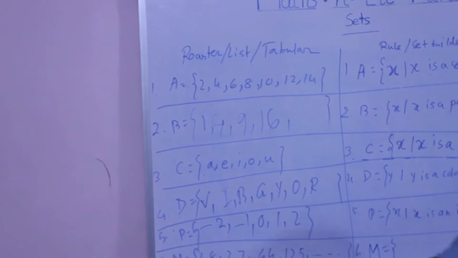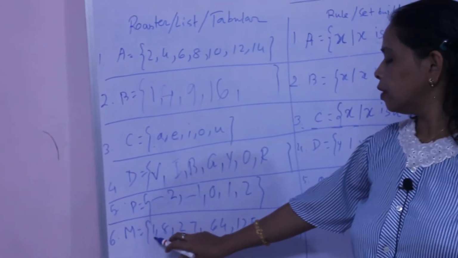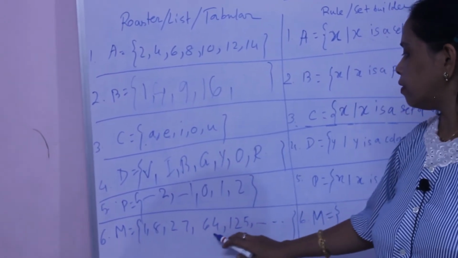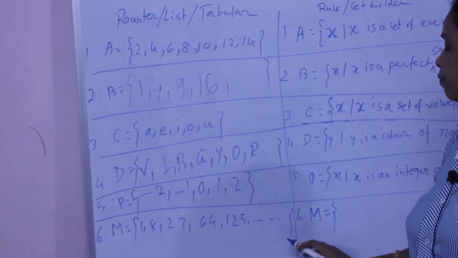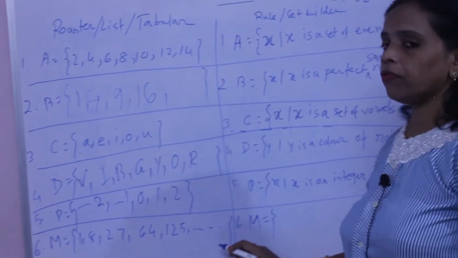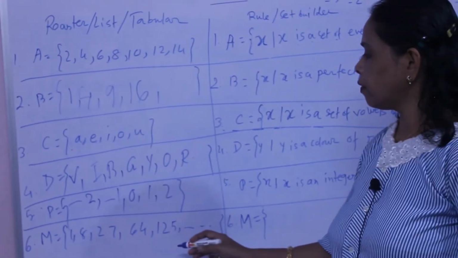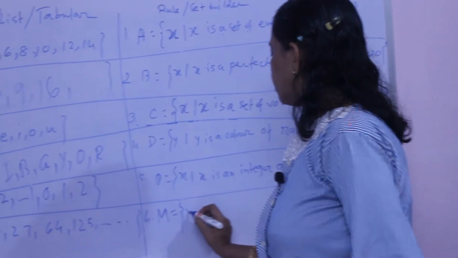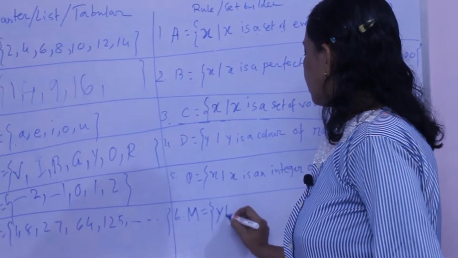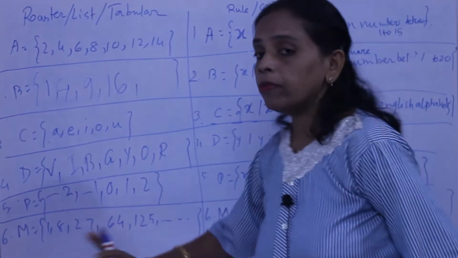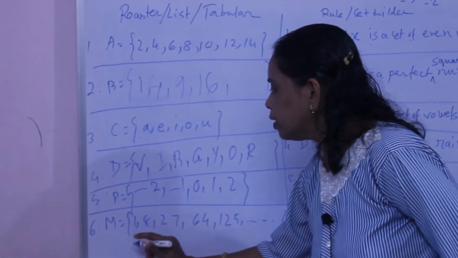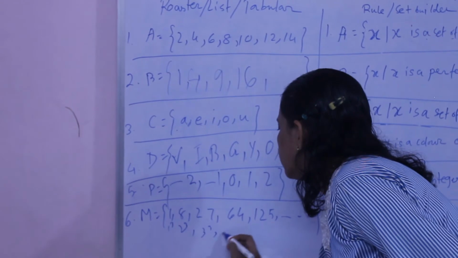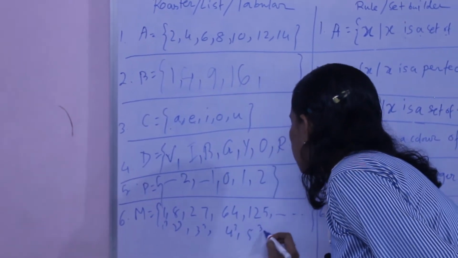Now question number 6. Here some elements are given like this: 1, 8, 27, 64, 125, and so on. It is not a finite set. So how do we write here? Suppose I take the variable y such that, observe, this is 1 cube, this is 2 cube, this is 3 cube, this is 4 cube, this is 5 cube, and so on.